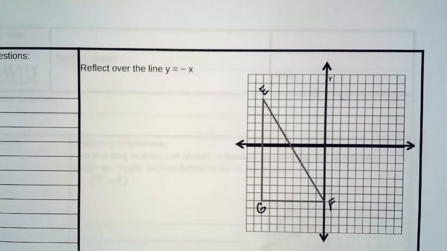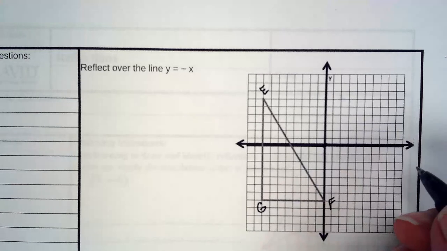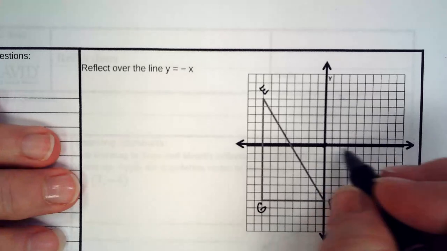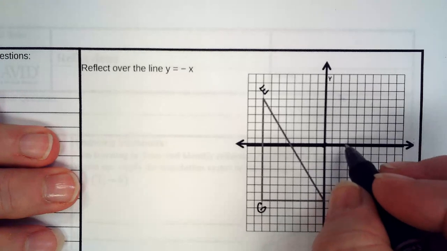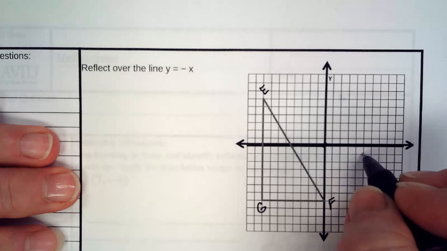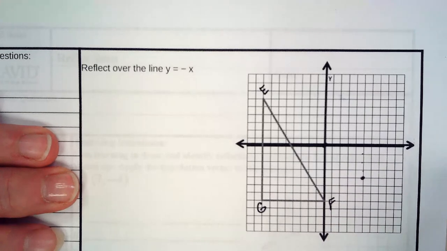So we know that this line will go through the origin, even though 0 doesn't have an opposite. So let's look at if it's out 1, 2, 3, 4. If it's 4, then I go down 1, 2, 3, 4. 4, negative 4 would be, y would be the opposite of x.